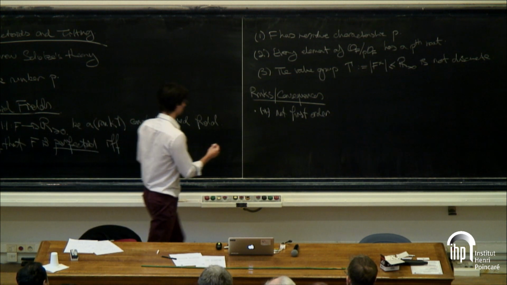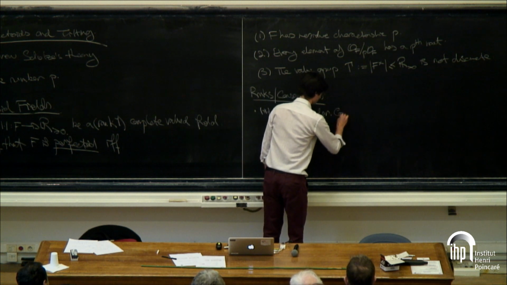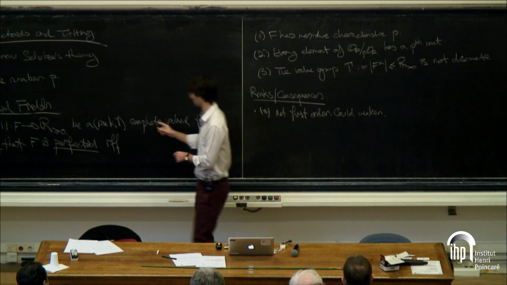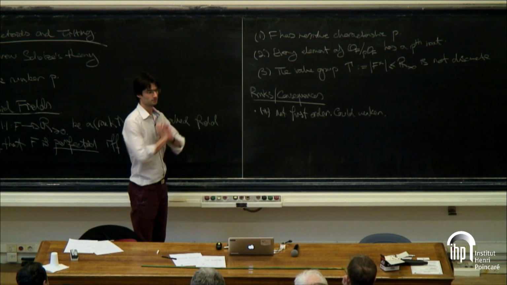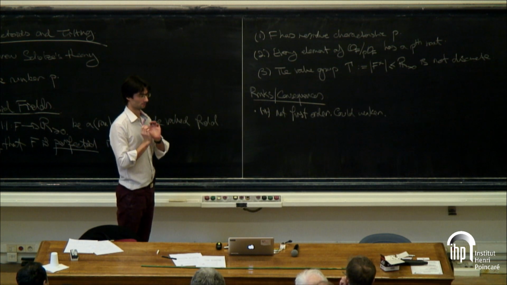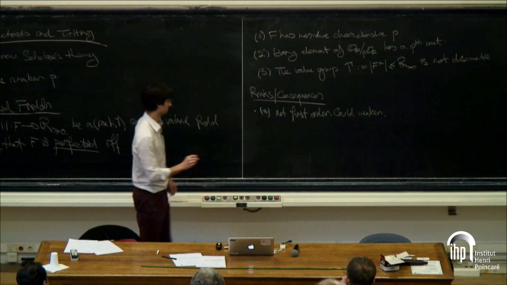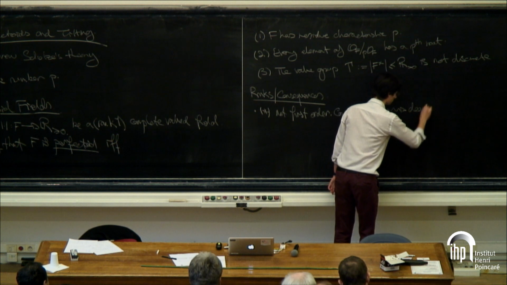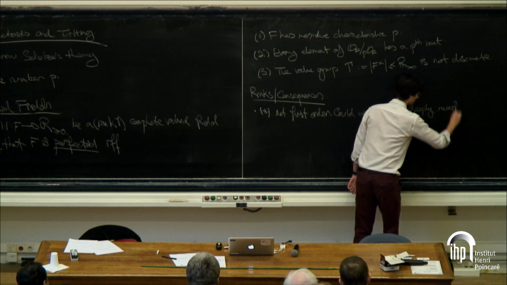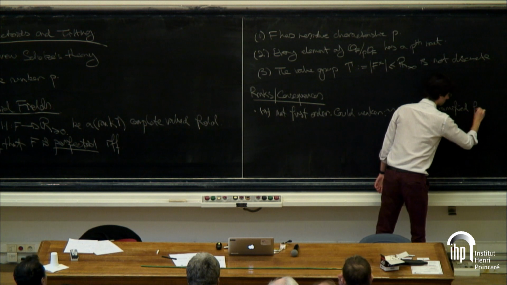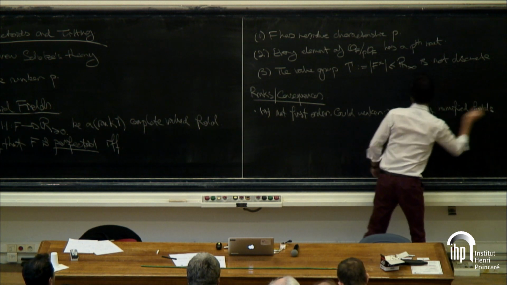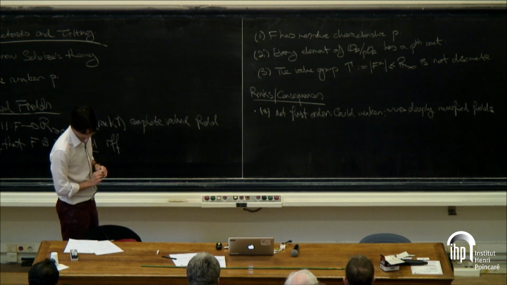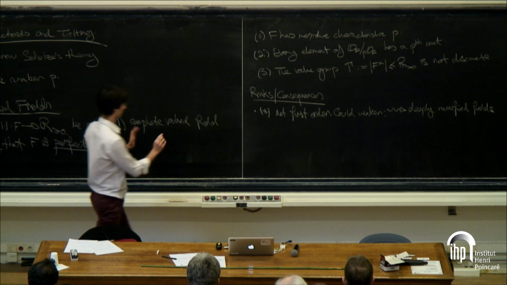So we could weaken these. I could drop this rank 1 hypothesis and I could replace completeness by Henselianness, and then you start going in the direction of what are called deeply ramified fields. But I'm not going to do that. I'm going to stick to, I don't want to say classical, but the standard case of perfectoid fields.